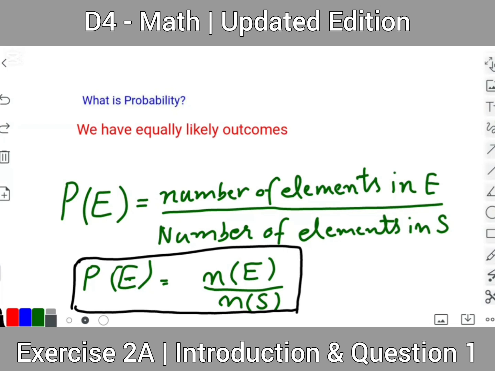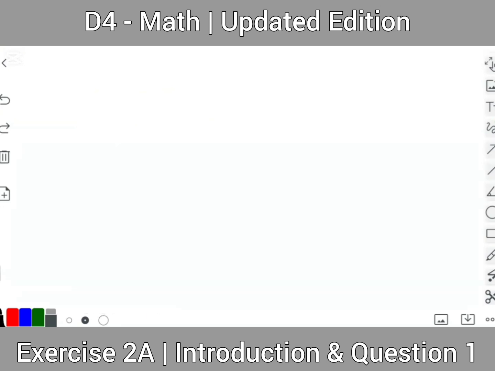All the outcomes are equally likely. Now the formula to find the probability of any event is P of E equals the number of elements in E over the number of elements in S. The number of elements in E is denoted by N of E, and the number of elements in S is denoted by N of S. So the formula becomes P of E equals N of E over N of S.